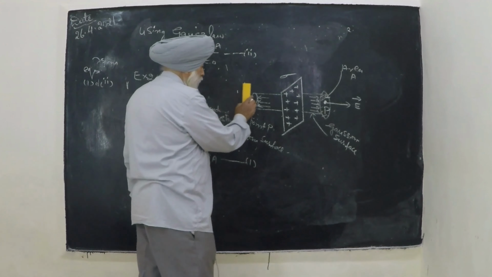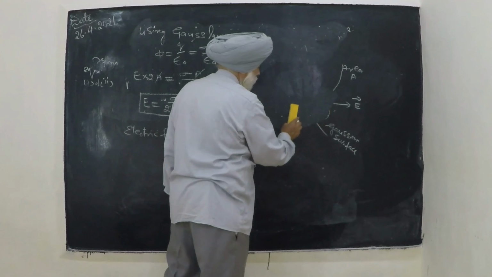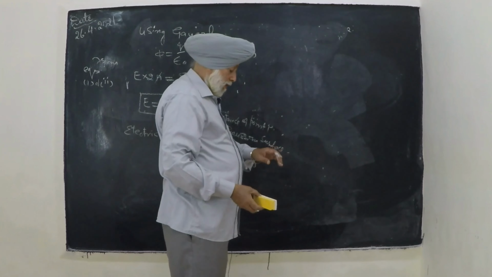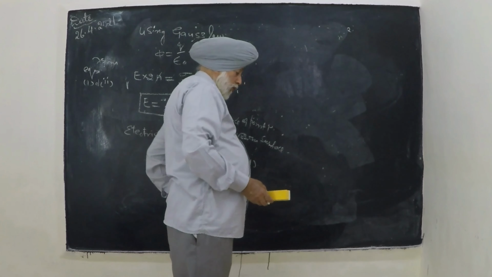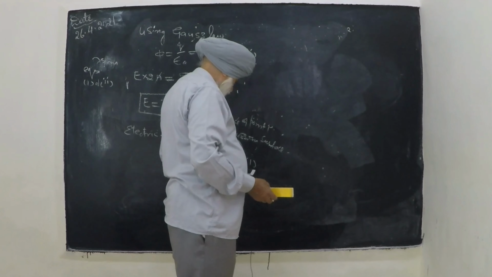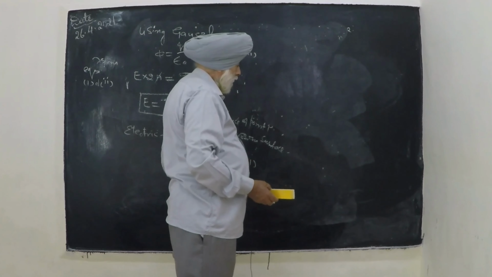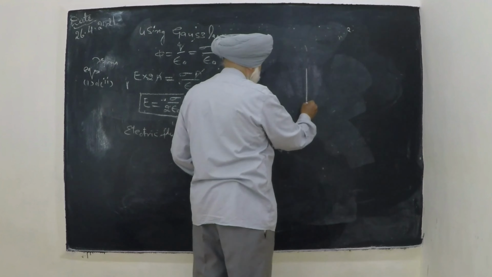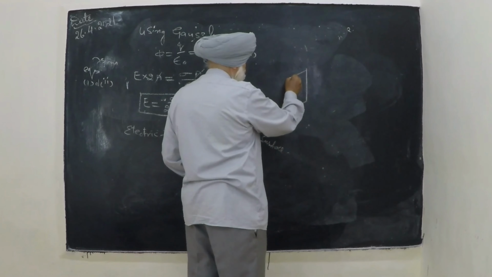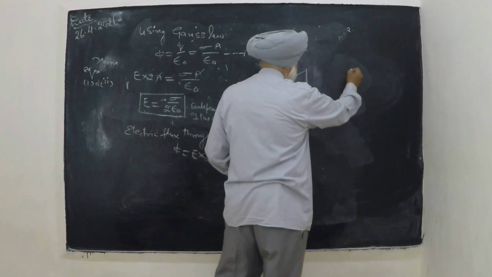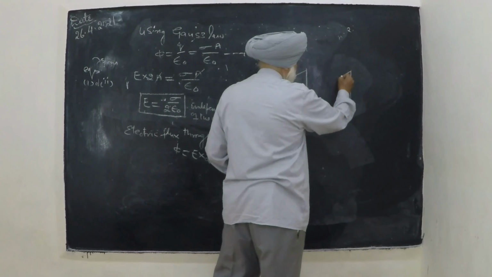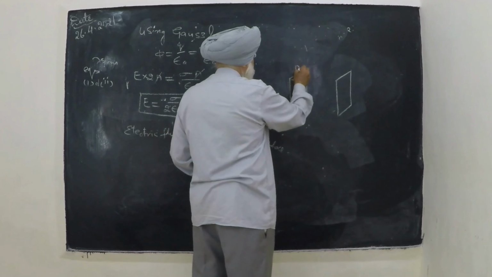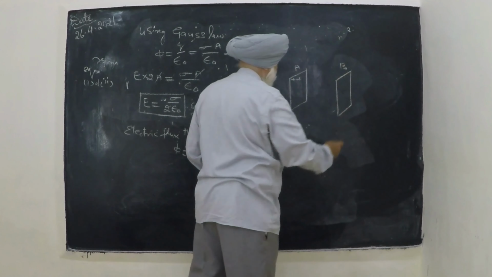If we have two sheets of charge, and they are held parallel to each other. Now I take an example which is resembling it, and I take two sheets of charge which are held parallel to each other.